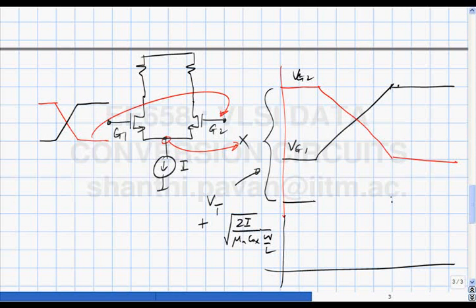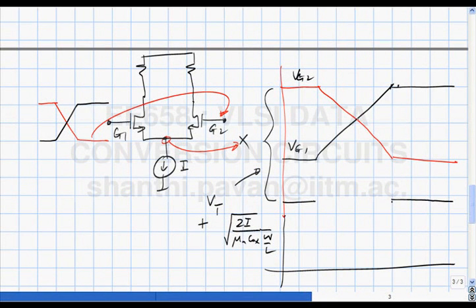Let's do it on the other side of the graph. Hopefully we'll be able to interpolate. So once all the current is switched to the left transistor, which is what happens when Vg1 becomes much larger than Vg2, what do you see? You will see that potential again has to remain the same thing.